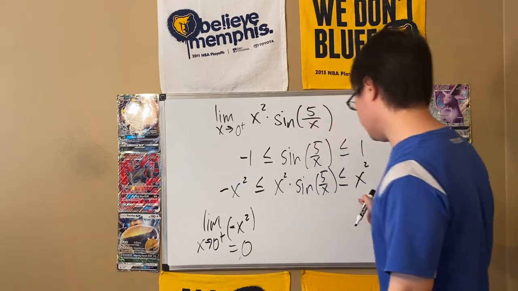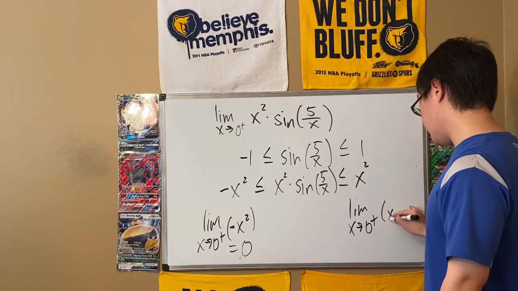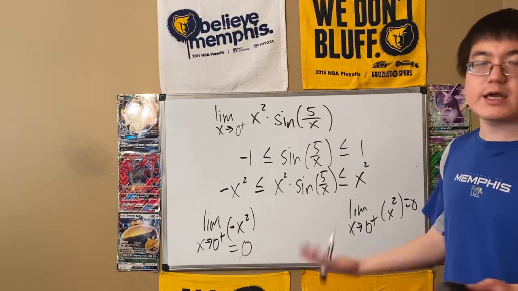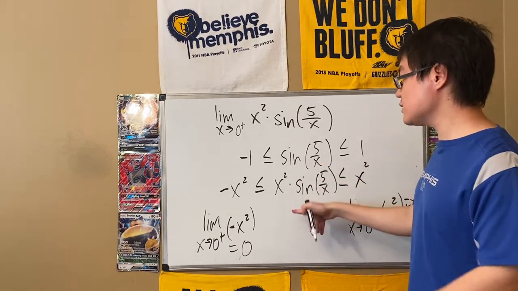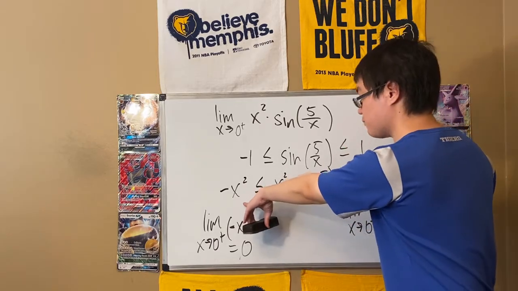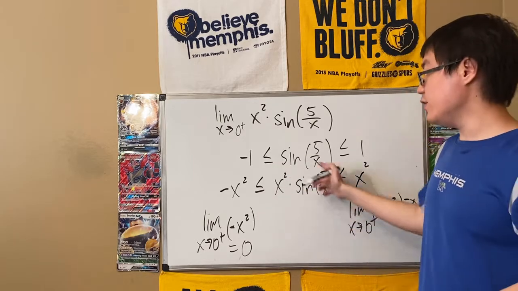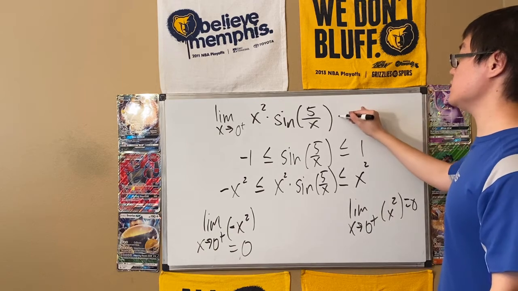Same thing with the limit of this guy right here. That's also going to be equal to 0, because when you plug in 0 here, 0 squared or negative 0 squared are both 0. So that means that because this function is squeezed by this bottom function and this top function, if their limits are the same, this original limit has to be that same number. So in this case, the answer is 0.